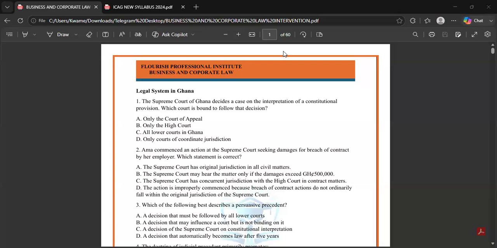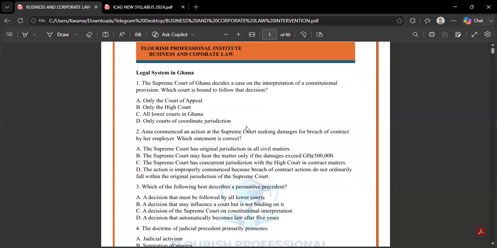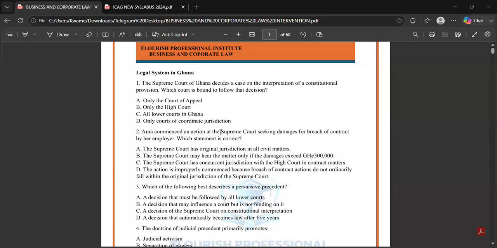Okay, so let's begin. Faustina. Question 1. The Supreme Court of Ghana decides a case on the interpretation of a constitutional provision. Which court is bound to follow that decision? It's C, all lower courts in Ghana. The Supreme Court forms the highest court, and the question says it decides a case on the interpretation.